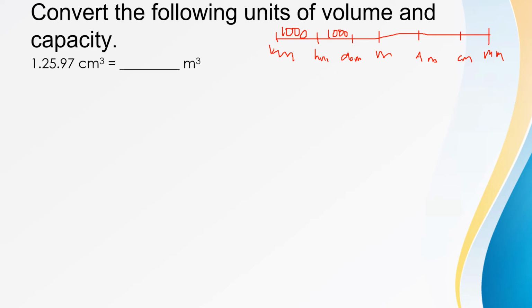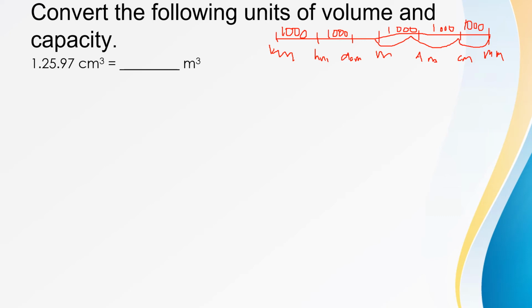Alright, so from here, since our given is in centimeter, we need to move 1, 2, 3 spaces. Therefore, since this is 1,000, how many zeros is that? 1, 2, 3, 4, 5, 6, 7, 8, 9.